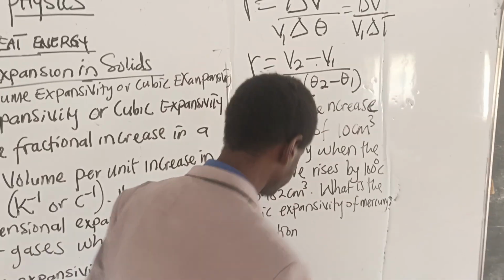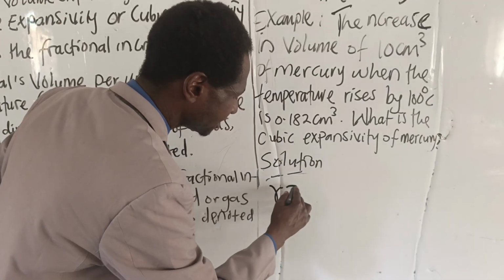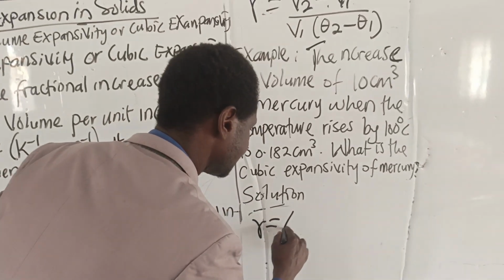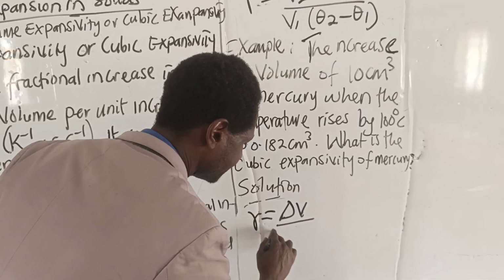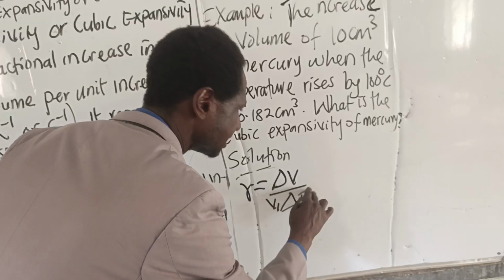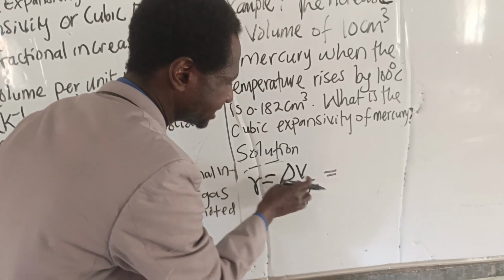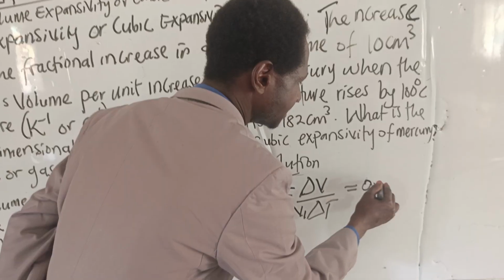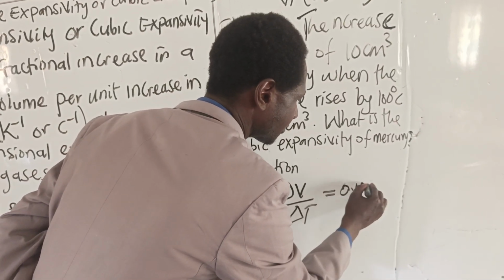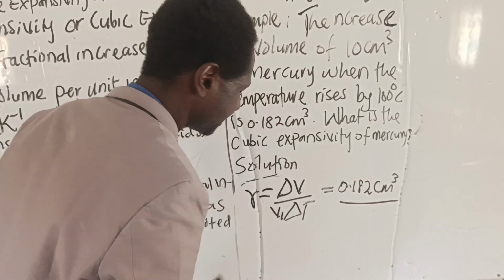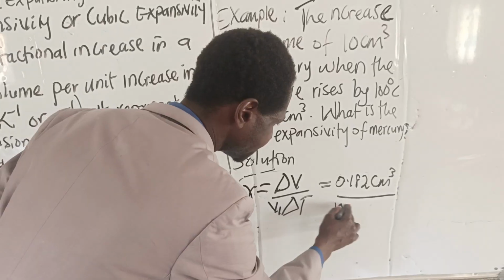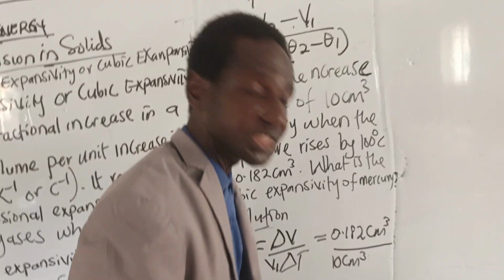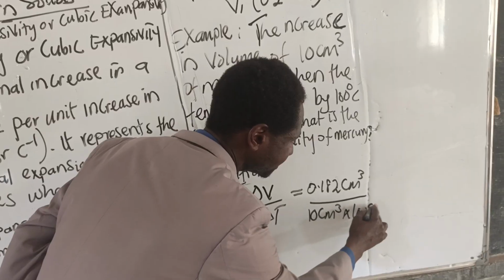Now the solution. The cubic expansivity of the mercury is equal to, applying the formula, delta B all over B1 delta T. The change in volume is 0.182 cm cube, all over B1, which is volume number 1, 10 cm cube, and delta T, which is the change in temperature, 100 degrees Celsius.